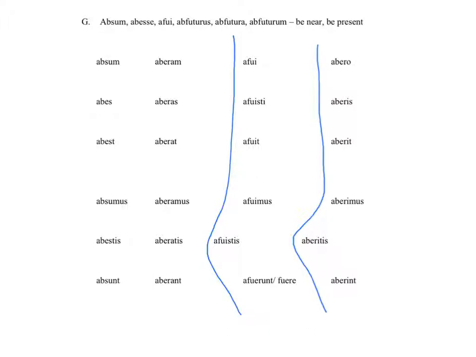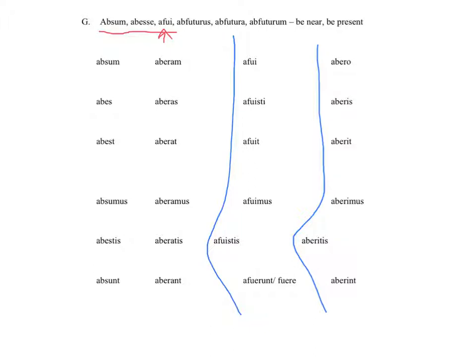Something does change in this page, and again, I'm sorry for the strange formatting. When I switch it from Google Docs into the Explain Everything app, sometimes things are changed that I'm not aware of at first. The thing that changes is in the principal parts, and then therefore in the conjugation as well, it goes absum, abesse, afui. That's not a typo.